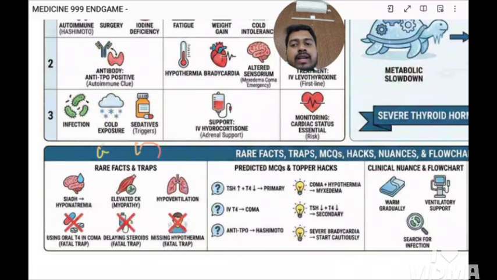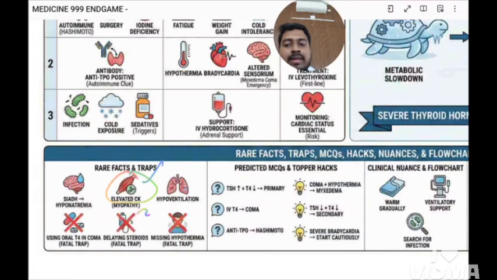So the circulatory blood volume will decrease, as a result of which there will be increased ADH secretion. We have seen in the last few slides that ADH secretion increases when circulatory volume decreases. When ADH increases, there will be hyponatremia. So in Myxedema coma, you get an SIADH-like picture, that is, you can get hyponatremia.